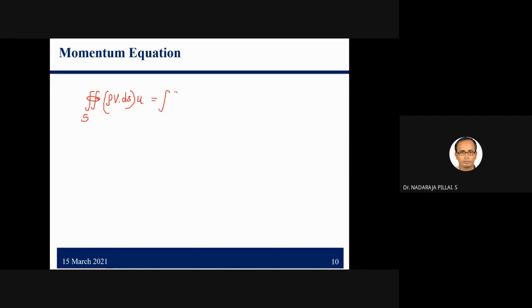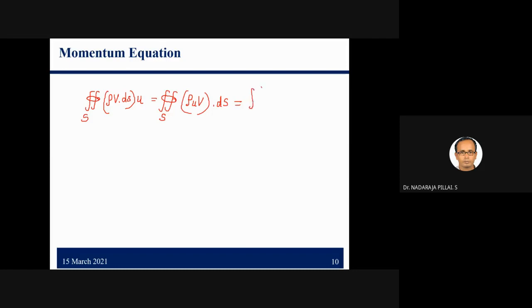So this can become S rho u v into ds. That can be written based on the divergence theorem.